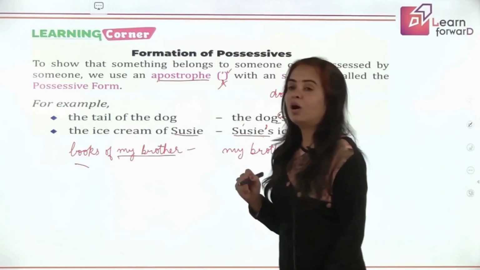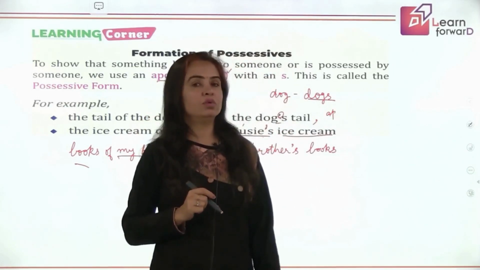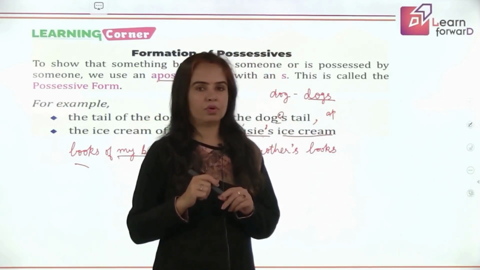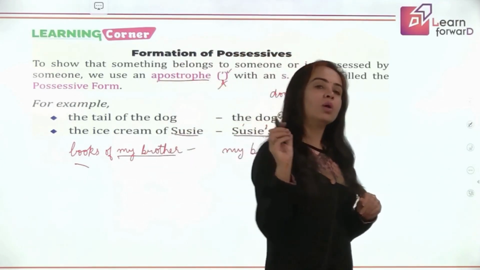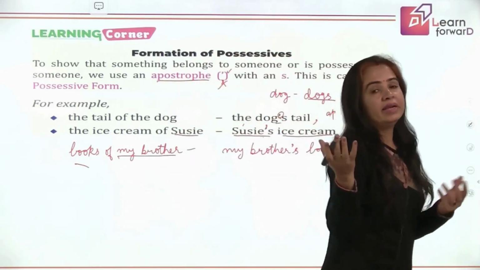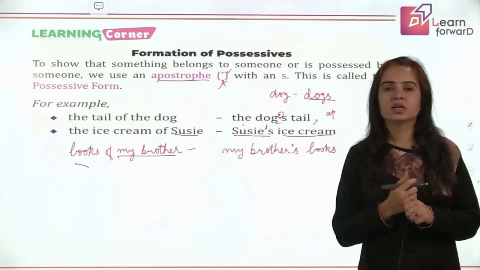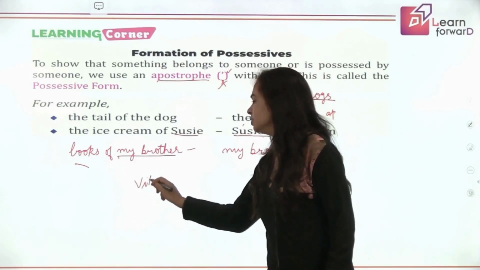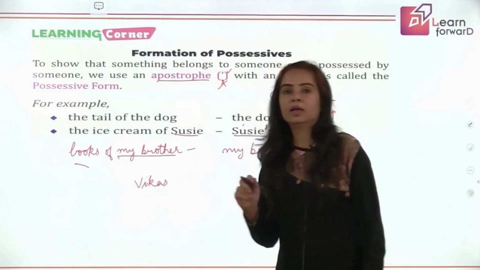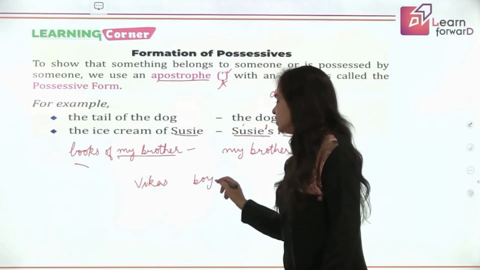Good. Now, what you need to remember here is there are a few rules that you have to learn for using this apostrophe. We have done nouns and some nouns end in S, like it can be any name, like Vikas. So that noun has S at the end, isn't it? But if I say boy, do you have S at the end?